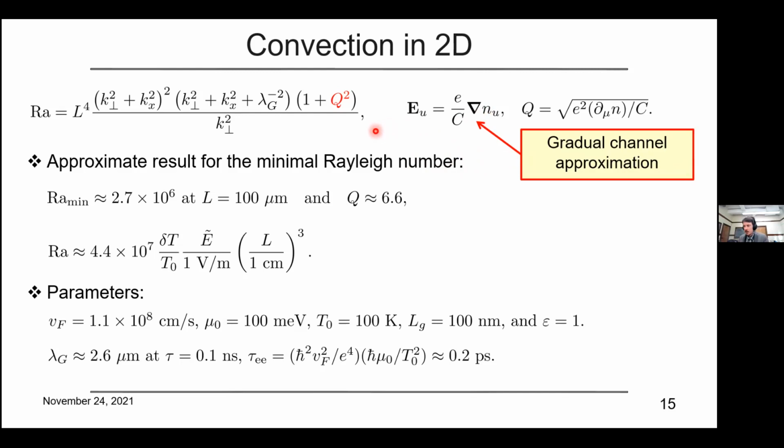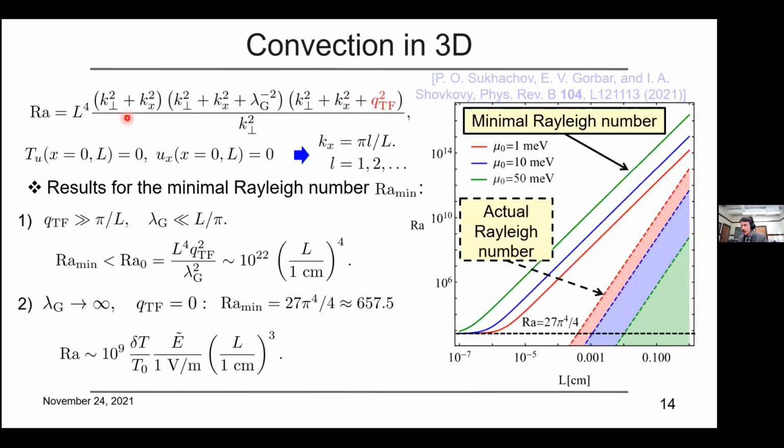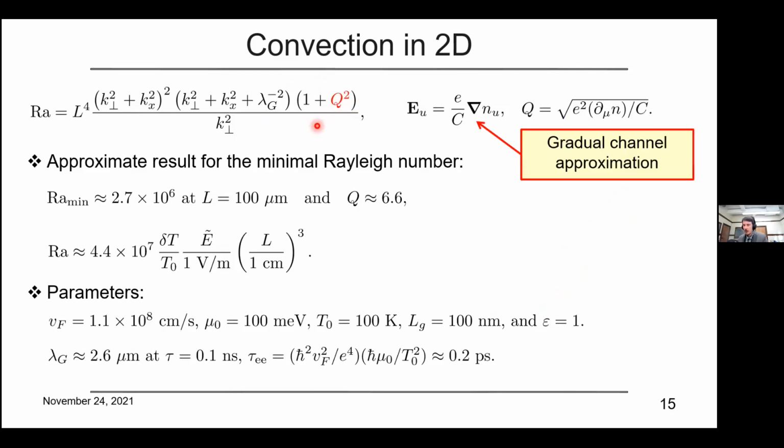In this case, we found that while this expression for the minimal Rayleigh number looks quite similar to that in 3D, there is one very important difference. One can notice that here we have a Thomas Fermi wave vector, which enters together with wave vectors here. But here we just have an overall multiplier.